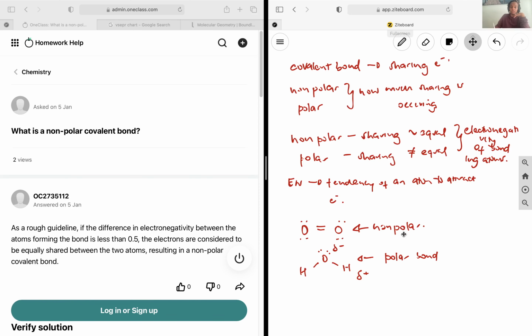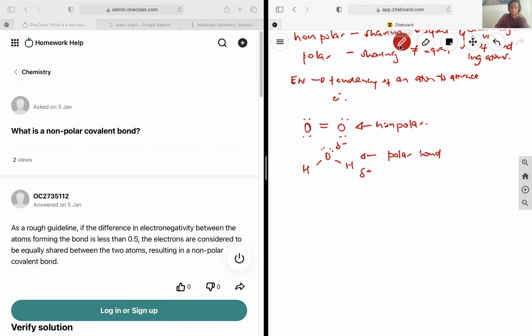All of this can be well described with electronegativity. And so if the difference in electronegativity is over 1.7, you're going to get an ionic bond. So that means the electrons will just straight up be taken away from the less electronegative one, and you're going to get ions.